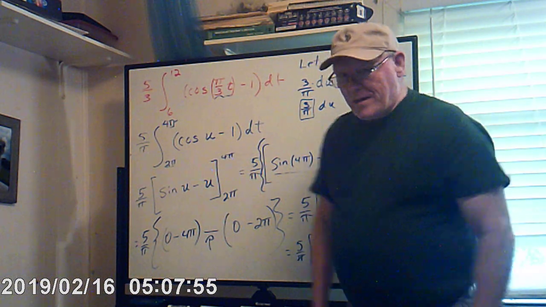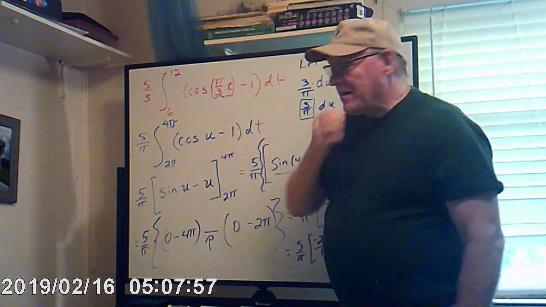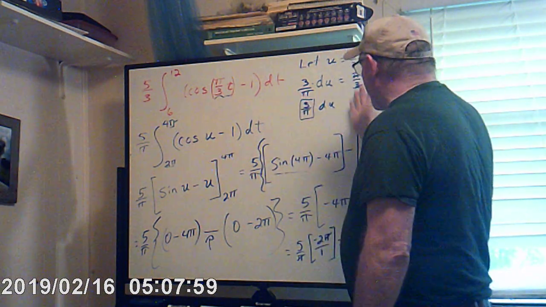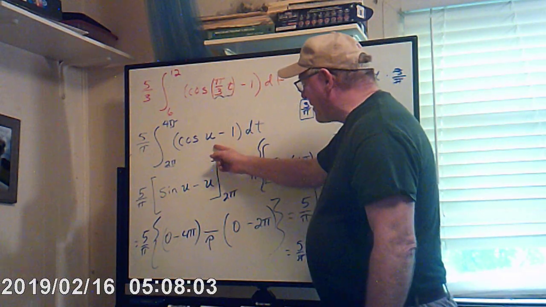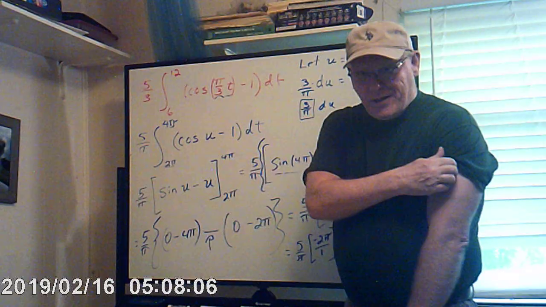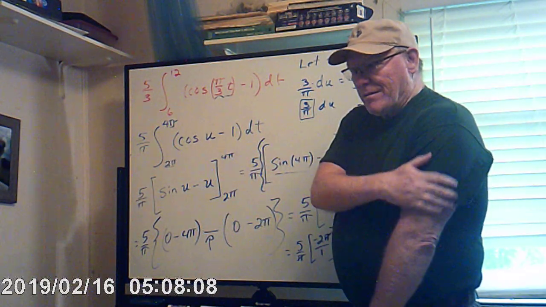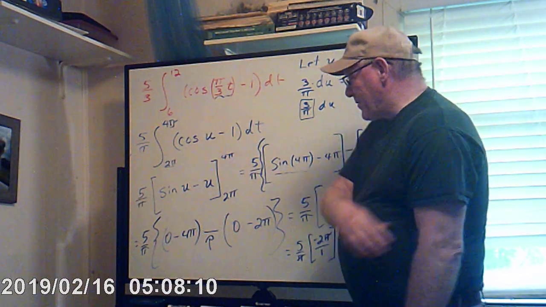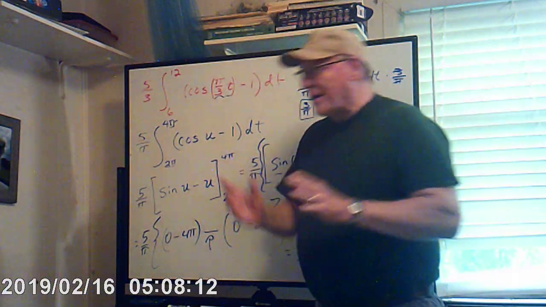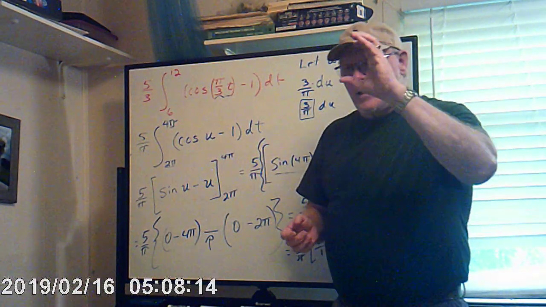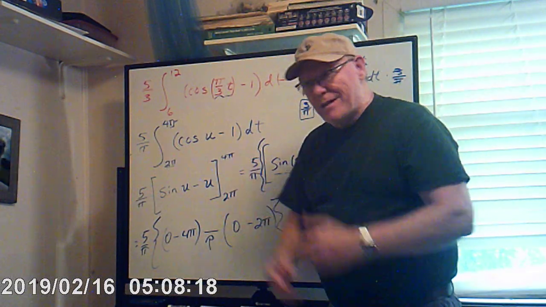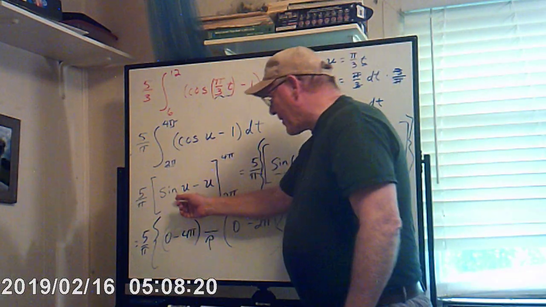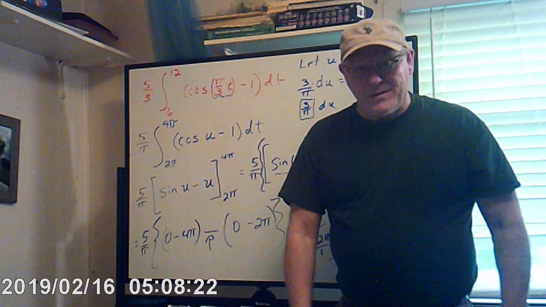I want you to understand it, okay? I did not have to do this, but I just kind of like cosine u. Now again, another thing you got to remember is, the antiderivative of cosine is sine. I always like to think that anything that begins with a c, the derivative is negative, but in this case with cosine, the antiderivative is positive.